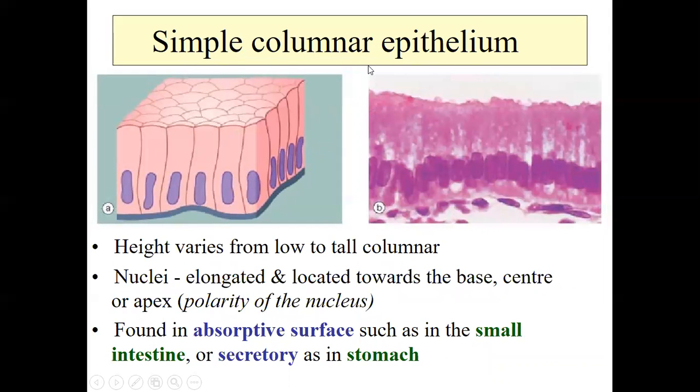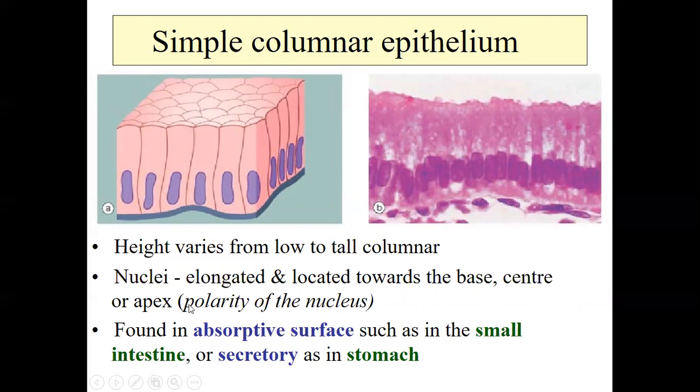For the simple columnar epithelium, you can see here, the cell is tall and rectangular in shape. The height varies from low to tall columnar. The nuclei are elongated, and sometimes located toward the base, in the middle, in the center, or maybe at the apex here.